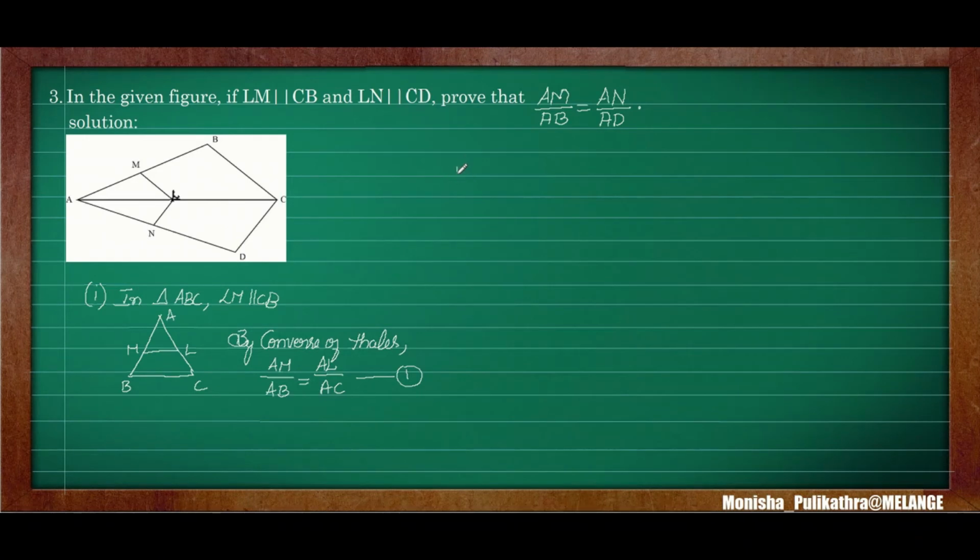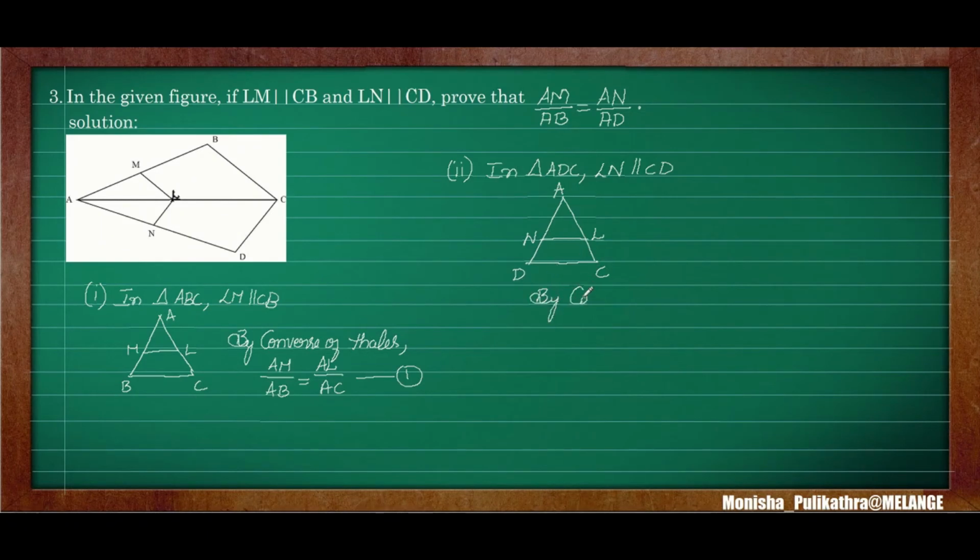Next we can take the other half, that is triangle ADC. In triangle ADC, LN is parallel to CD. Here also we need to take it by the converse of Thales theorem.